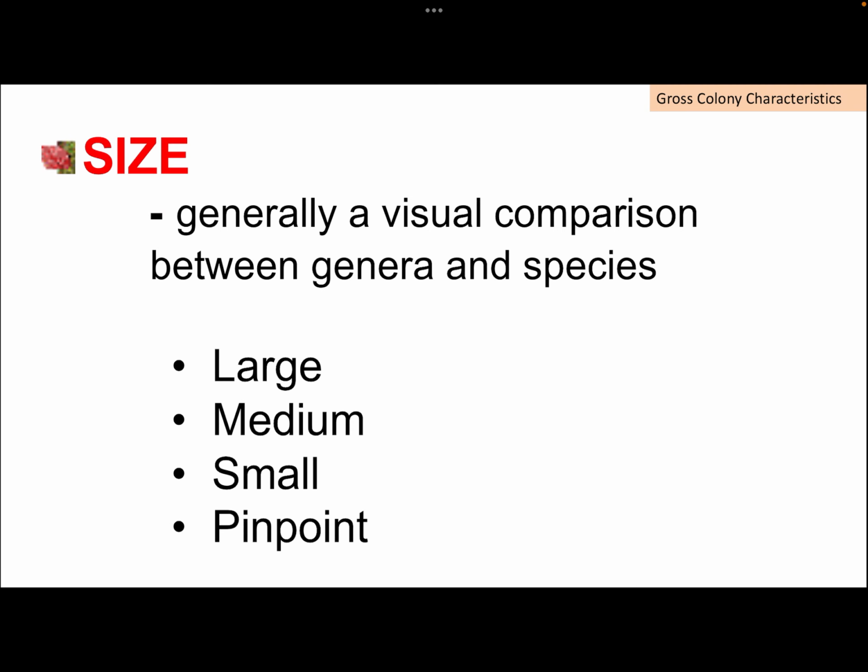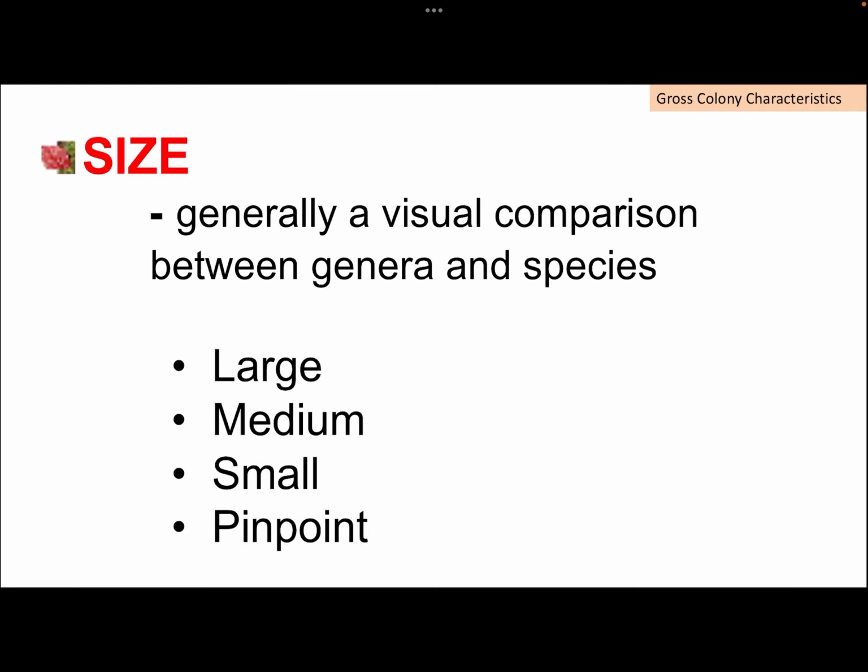Aside from the hemolysis, gross colony characteristics can also refer to size. As I mentioned earlier, they can be large, medium, small, or very, very small, known as pinpoint. Another thing I have observed based on my experience in the bacteriology section is that gram-negative bacilli usually have larger colonies as compared to gram-positive cocci.